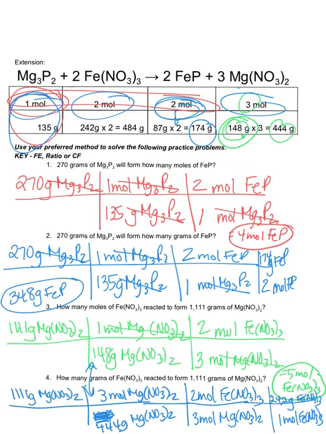So when I multiply across the top, divide by stuff on the bottom, I get an answer. I'll write it over here in red of 1211 grams of FeNO3, 3. So that's how I would go about solving these problems using conversion factors.